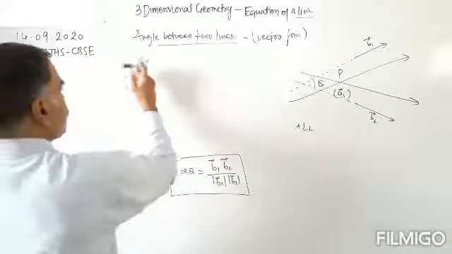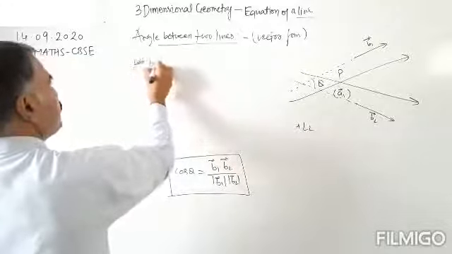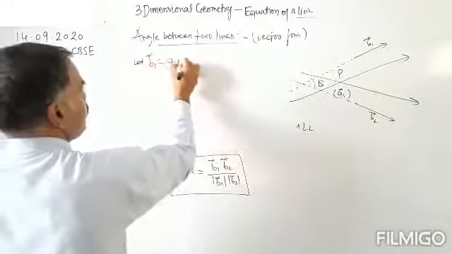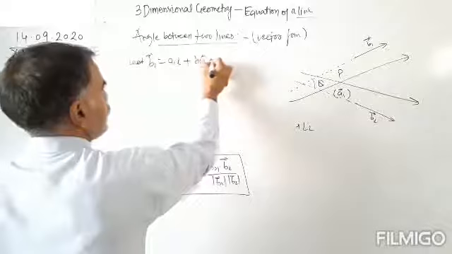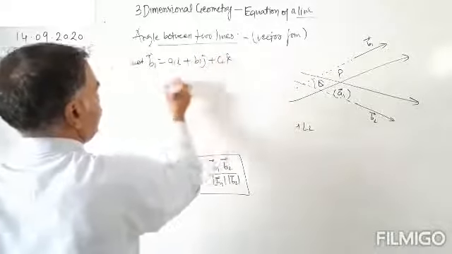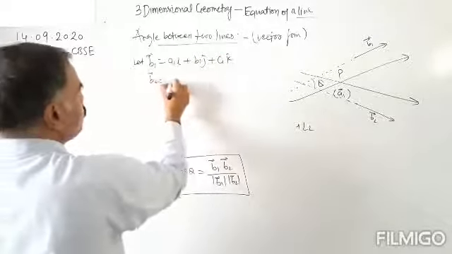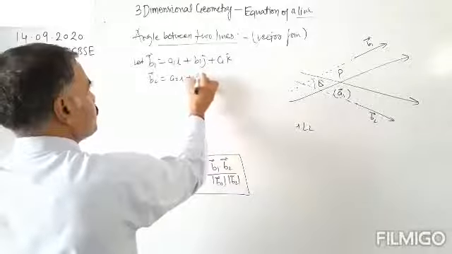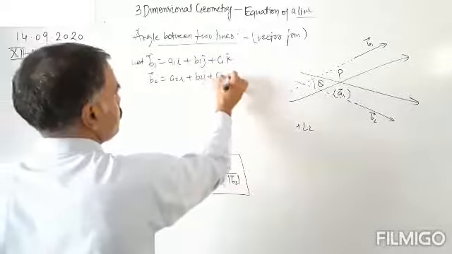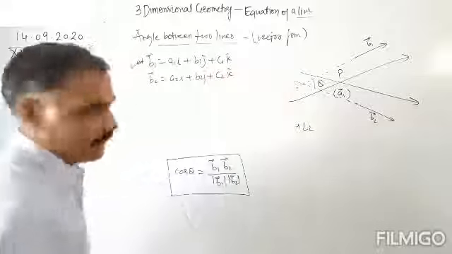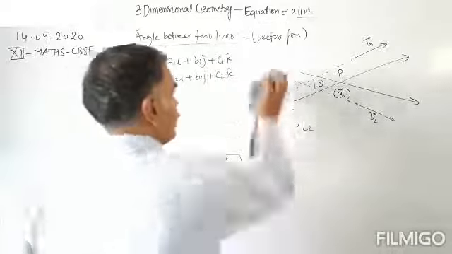Let b1 vector equal A1 i cap plus B1 j cap plus C1 k cap, and b2 vector equal A2 i cap plus B2 j cap plus C2 k cap. Now we are obtaining the Cartesian form.